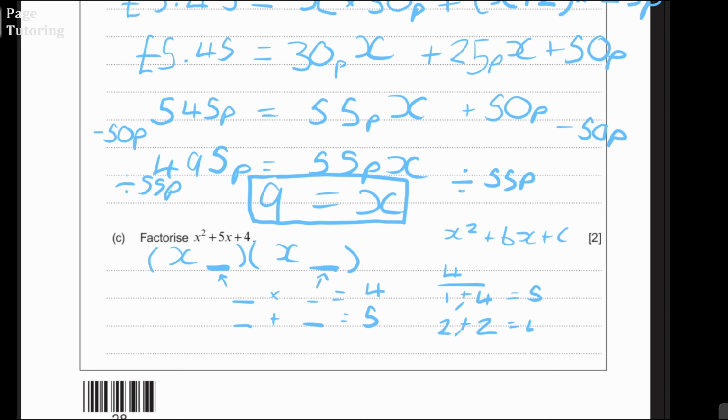What does 2 and 2 equal? 4. So now we've added up the factor pairs and we go, okay, 5, yeah, that's right. That's equal to what b is. We look back, that's 5. We're happy. So that means 1 and 4 are the factors that go in here, a positive 1 and a positive 4.